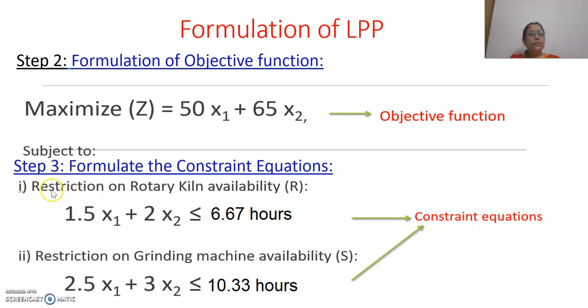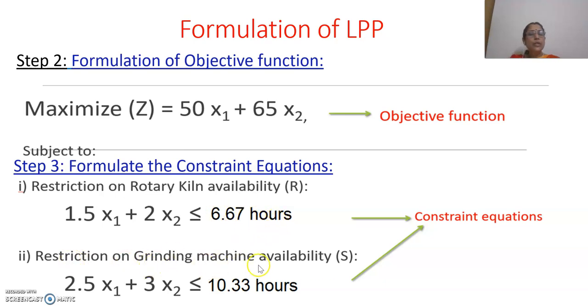So the restriction on rotary kiln availability is 1.5 x1 plus 2 x2 less than or equal to 6.67 hours. Please remember here we have to use constant units on either side of the equation. On the left-hand side the values are in hours, therefore on the right-hand side I am converting everything into hours. 6 hours 40 minutes has been converted to 6.67 hours.